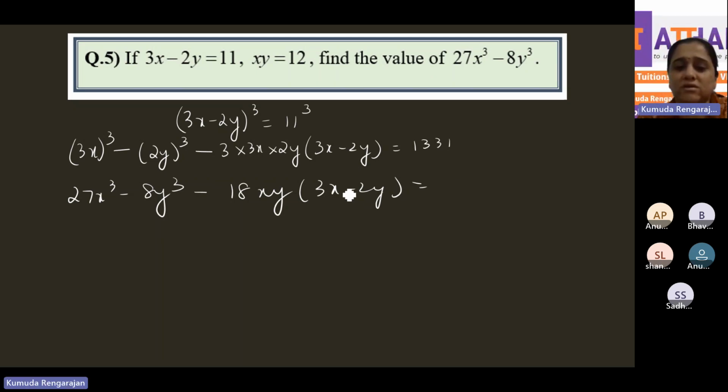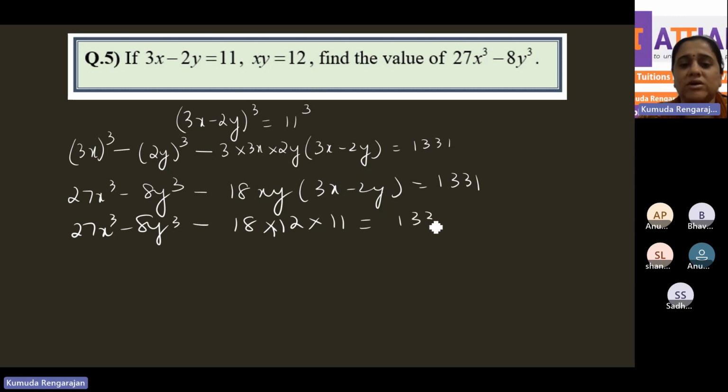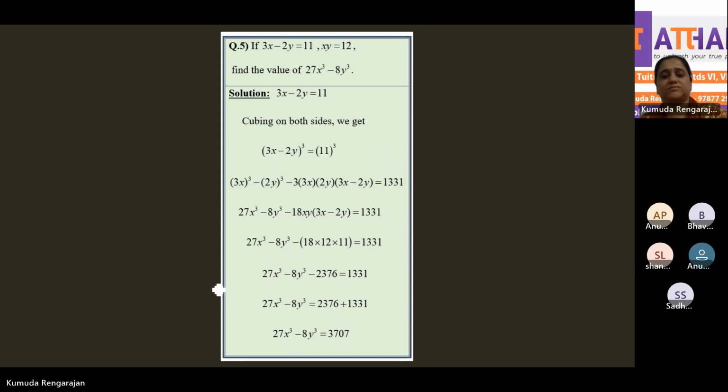You can substitute that here, or maybe once for all, you can do it in the next step. 27x cubed minus 8y cubed minus 18 into what is the xy value in the question? Then what's the value of 3x minus 2y in the question? Is equal to 1331. Now multiply this, take this to the other side and find the value of 27x cubed minus 8y cubed. Do this. Take it down, children. You can see the answer now. Please take it down.